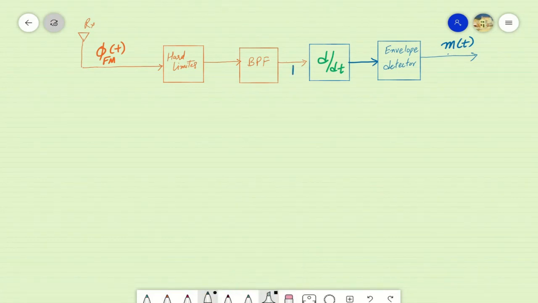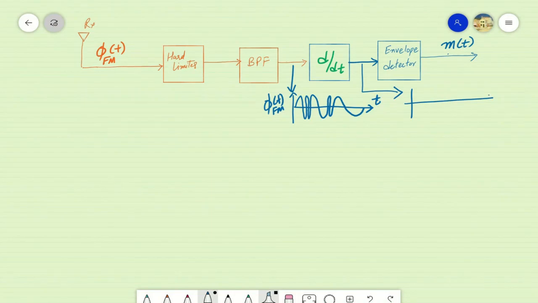For example, if the signal being fed as input to this system has constant peak amplitudes while the frequency variations represent the information signal, that is a normalized frequency modulated signal in time domain, after passing it through this derivator, we observe that all the frequency variations will be translated onto the amplitudes.